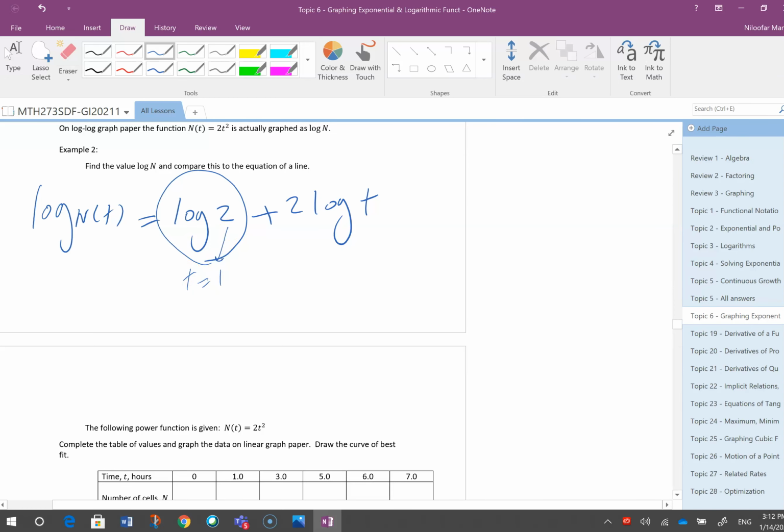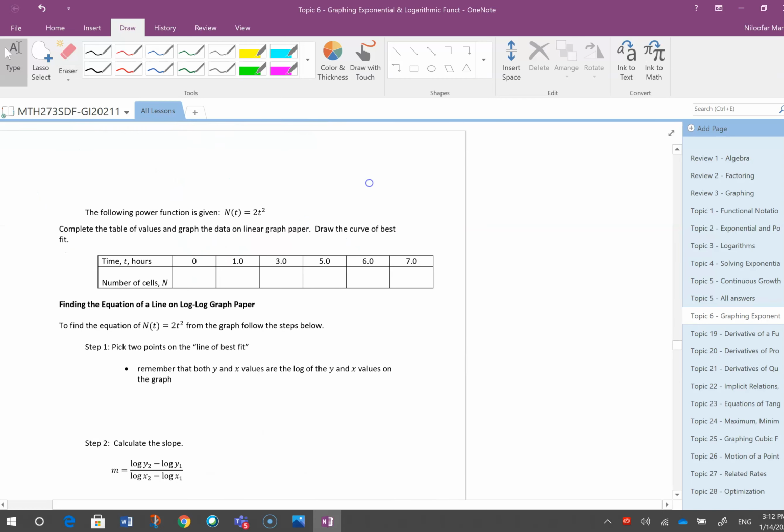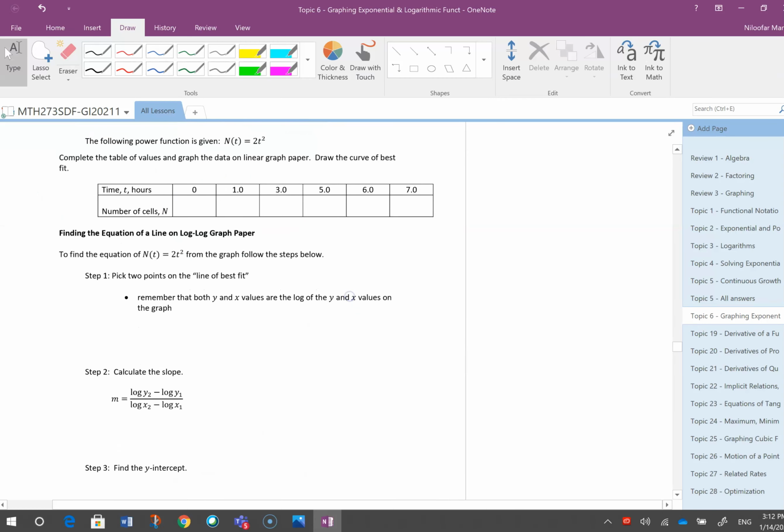I can use this value. Oh, okay. So how about the rest? What should I do for the rest? How can I find, for example, this value? Okay, let me show you here. If I have this equation, yes, I can use my equation to find the result: 2, 18, 50, 72, and 98.